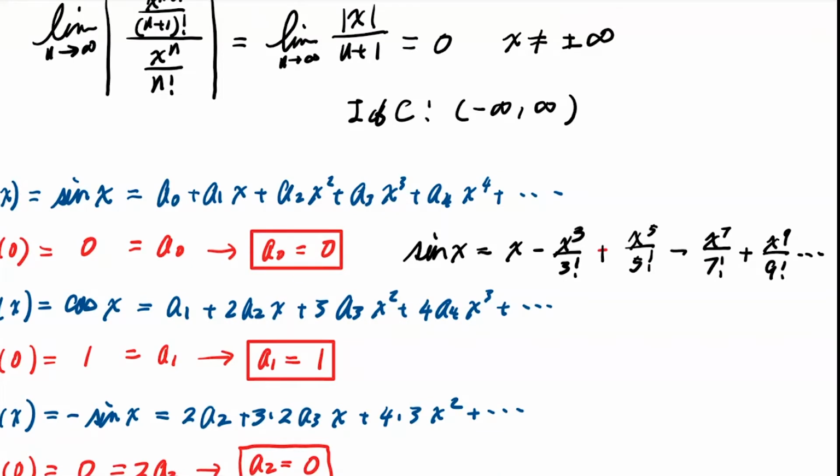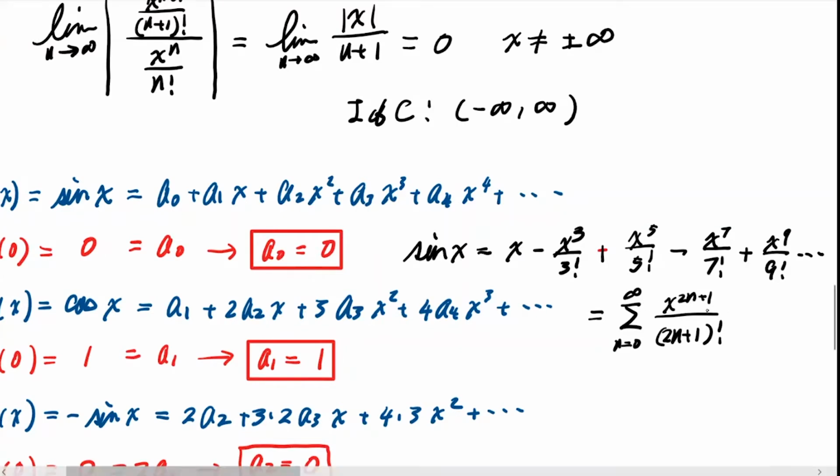Putting it into the sigma notation, now we have to be a little clever. Right? How do you describe an odd number? That good enough for you? And then 2n plus 1 factorial. And we want to start this from 0, so that if I plug in 0, I get the first term. And sign. Oh, I forgot the alternating sign, eh? Okay, so let's put that alternating sign in.